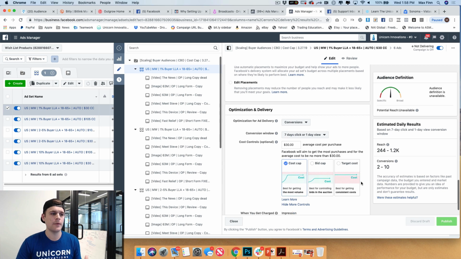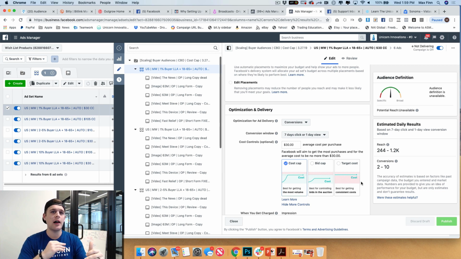So target cost. With target cost, you're telling Facebook, this is where I want you to average. And when all is said and done, when this ad set is finished, I want the average CPA to be X, right? Because you're telling it you want it to be the average, Facebook is going to enter auctions that are plus or minus a short 10, 20% bid from your target, from your average, right?